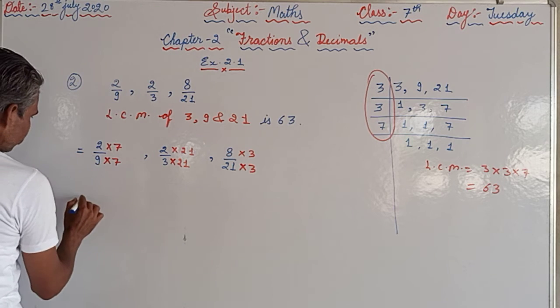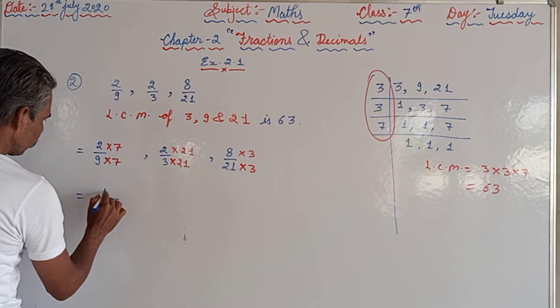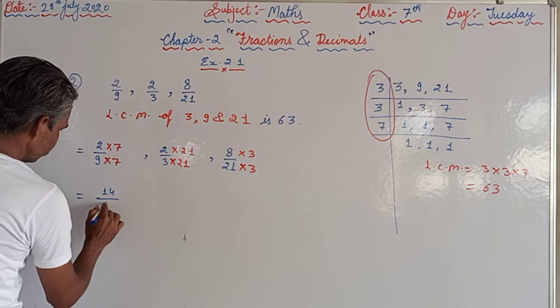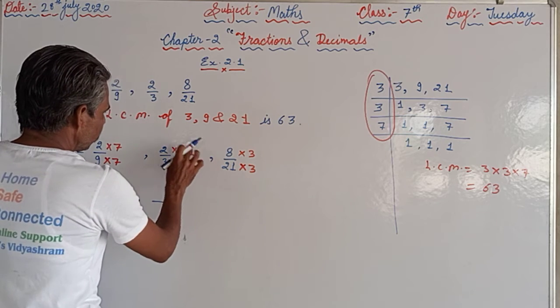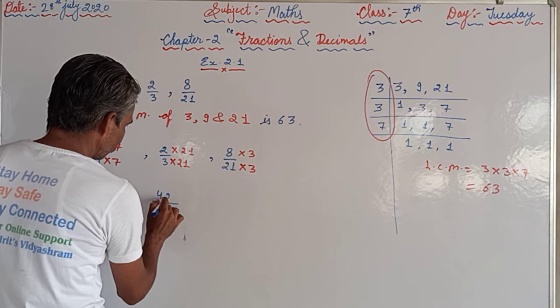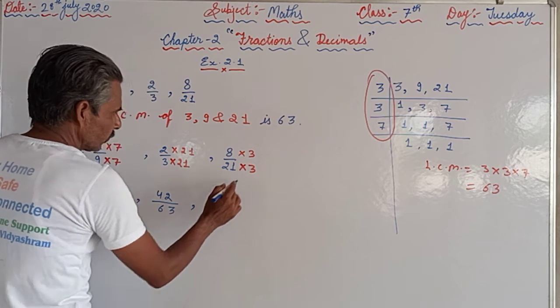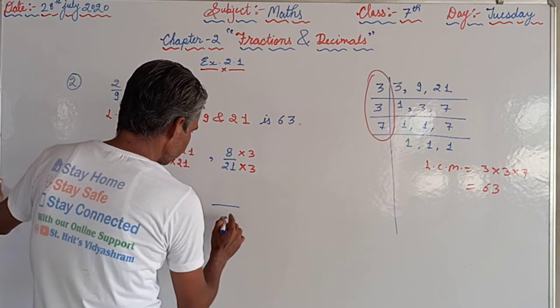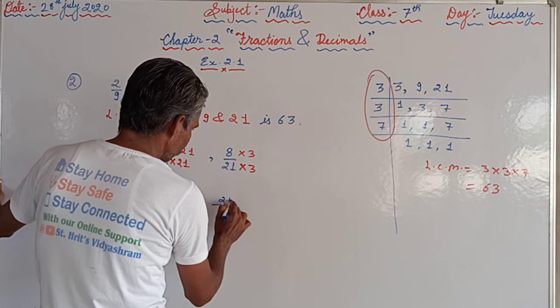Afterwards, after multiplication, 2 sevens are 14, 9 sevens are 63. 2 twenty-ones are 42, 3 twenty-ones are 63. Then 8 threes are 24, and 21 threes are 63.